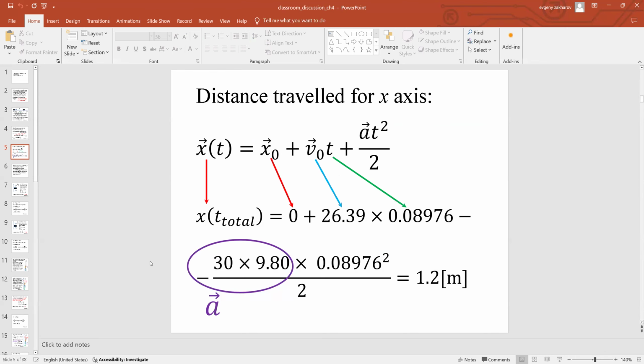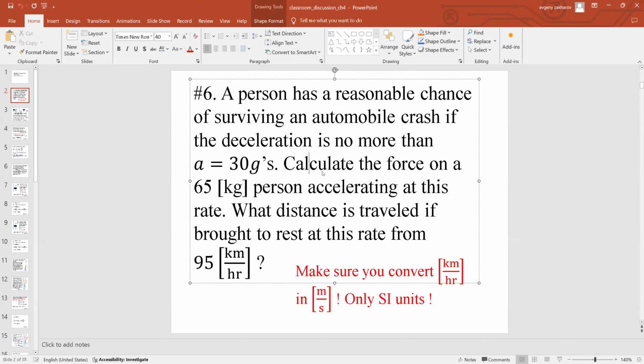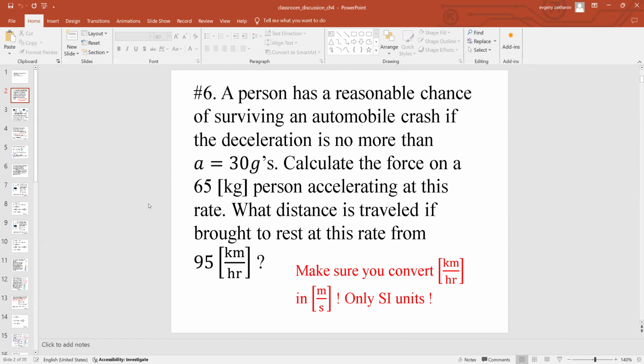Oh, and that was the end of the problem. So what's the moral here? The moral is it looks like you're calculating dynamics because you're doing forces. But then once the question is what's the distance traveled, how fast, what's the velocity, that's kinematics.